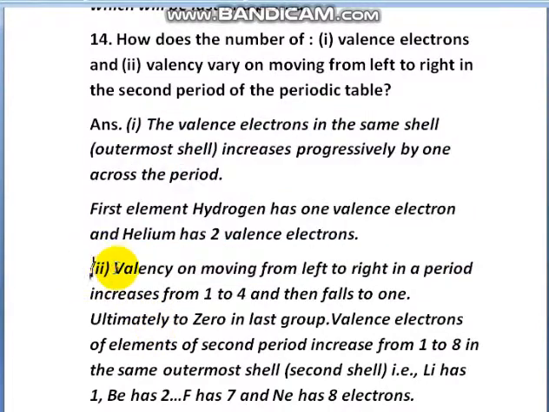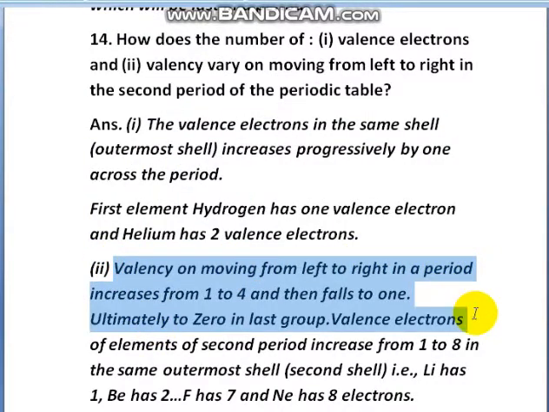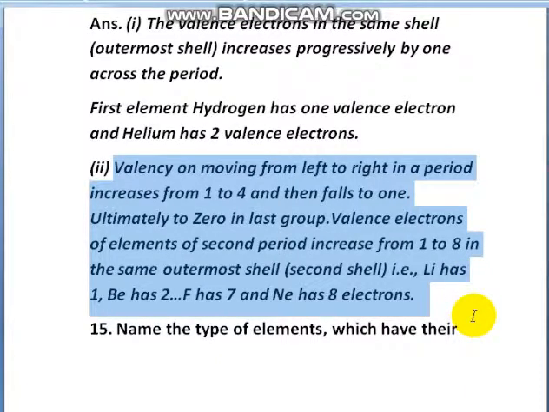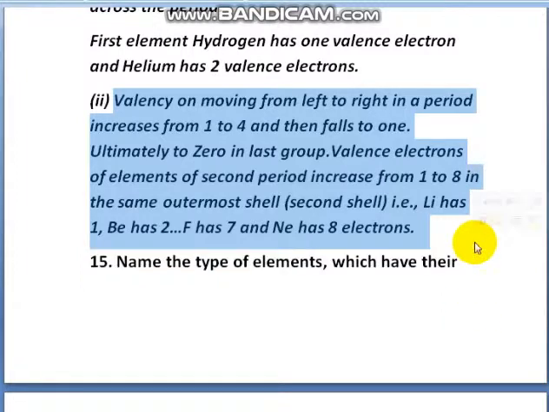So valency on moving from left to right in a period increases from 1 to 4 and then falls to 1, ultimately to 0 in the last group. Valence electrons of elements of the second period increase from 1 to 8, and in the same outermost shell, that is the second shell, lithium has 1, beryllium has 2, fluorine has 7 and neon has 8 electrons.